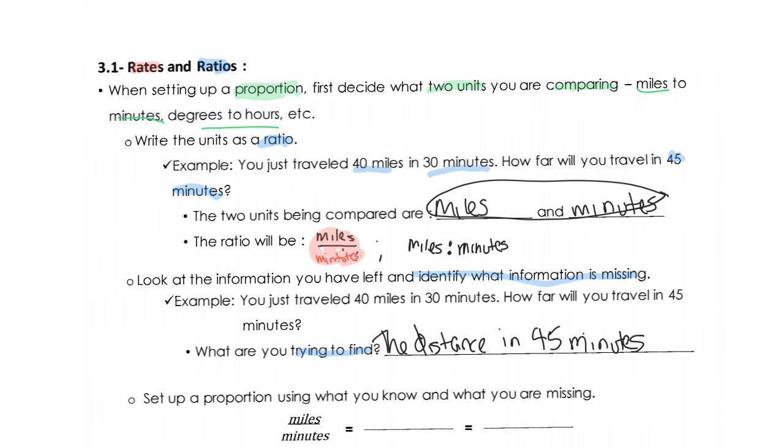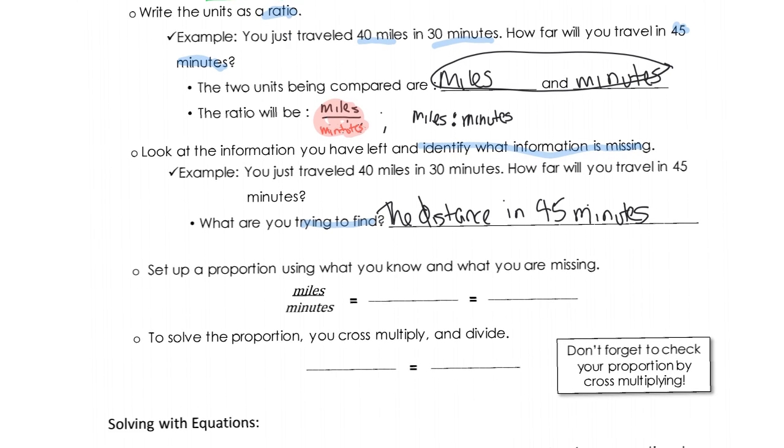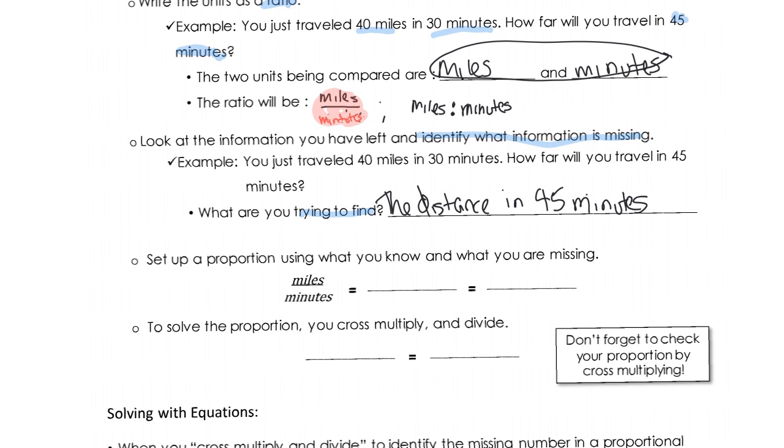So we're going to use a proportion. I want to remind you, a proportion is when you set two fractions equal to each other, just like we have here. And just like we had before with our ratio, we have miles over minutes.